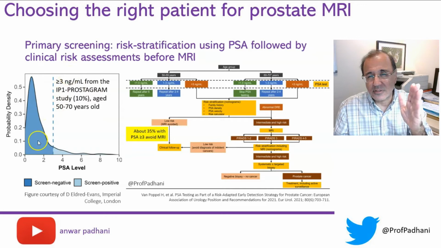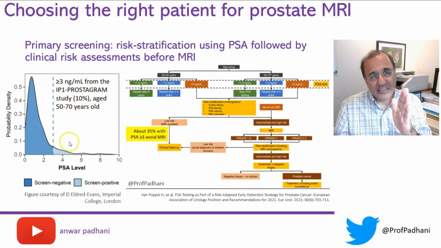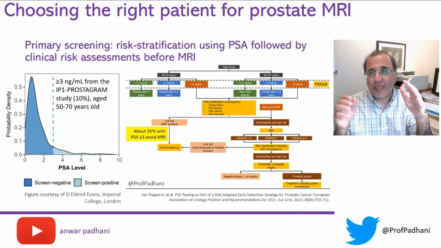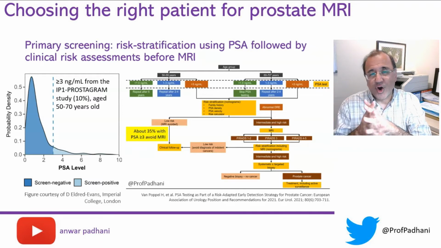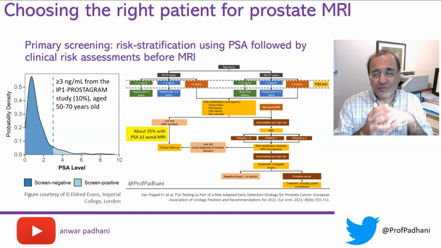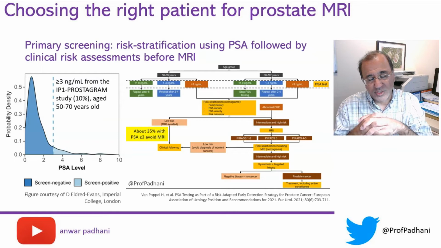So about 10% of men will have a PSA greater than 3 nanograms per ml. And the reference is given to you there. Now, these men clearly are at higher risk of having clinically significant cancers, which is why that threshold of 3 is often used to screen men for the likelihood of prostate cancer.